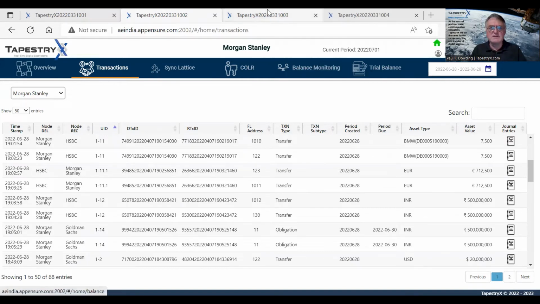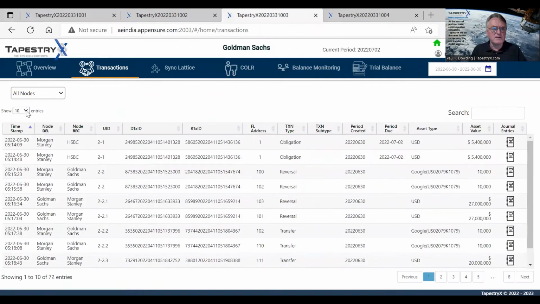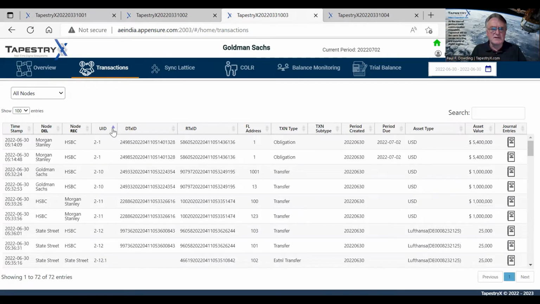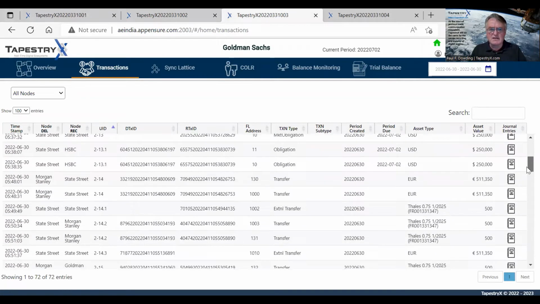If we go to the Goldman Sachs node, if we want to look at all nodes, and we'll increase the number of transactions per page. We should be able to scroll down and see, here's an interesting thing.